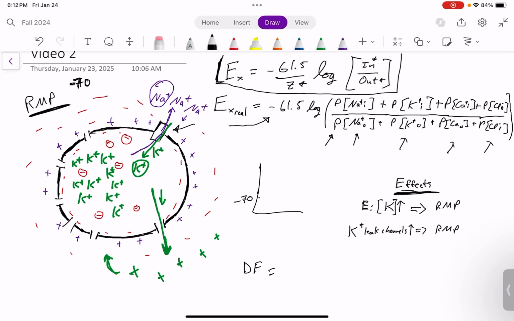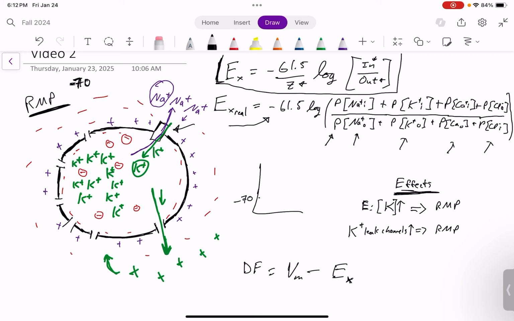And then there would have to be a new gradient. There would have to be a new equilibrium established, and that would change the membrane potential. So we can anticipate how the membrane potential will change if we know what the driving force of the potassium is to leave or to come in. And the driving force is shown as the voltage of the membrane minus the equilibrium potential using that Nernst equation of the ion. All right.